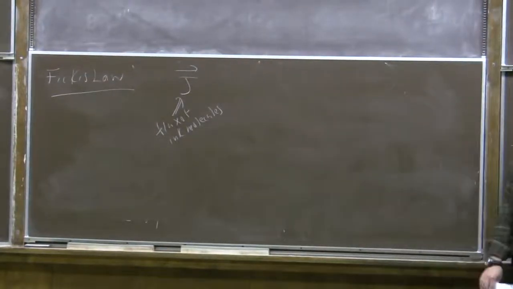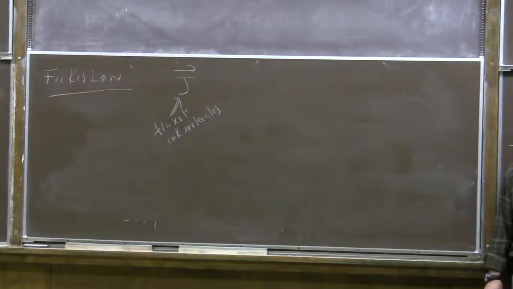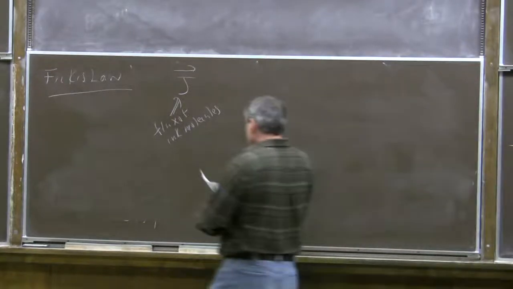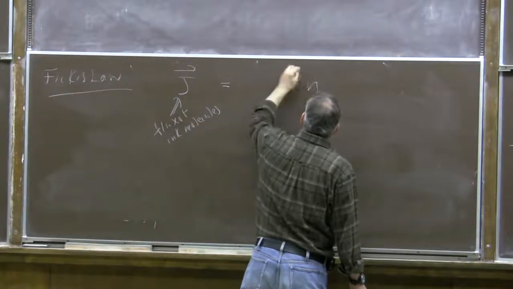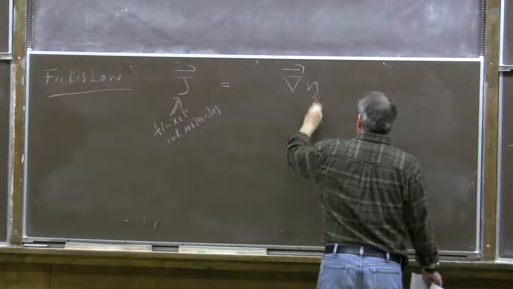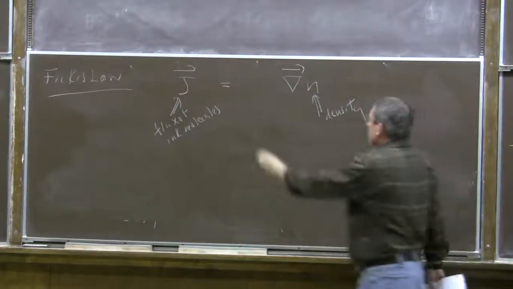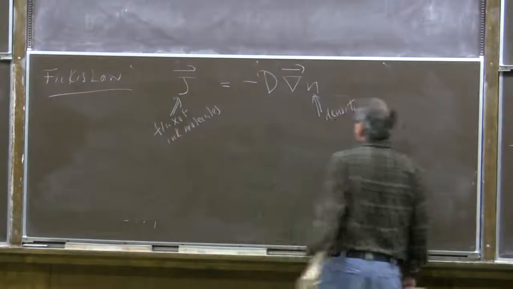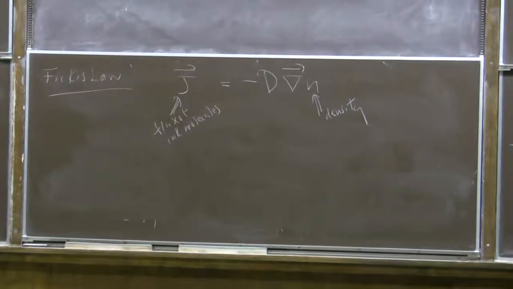what's the net rate if I put down a surface somewhere in the water at which the ink molecules per unit area and time are flowing across that surface? That's equal to, well, it's proportional to the gradient of the density, with a minus sign and a constant, which I'll call capital D. So, in the case of the ink, I started out with a high concentration of ink, right in the center.